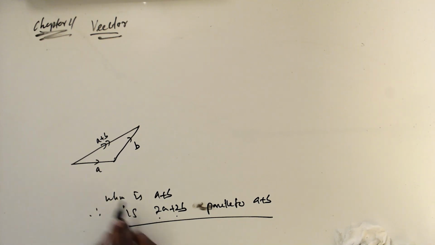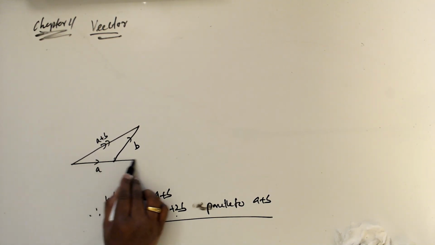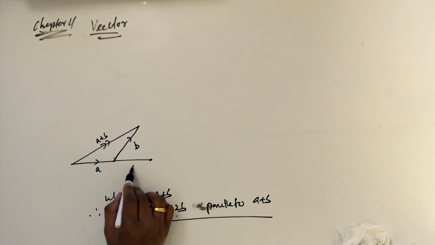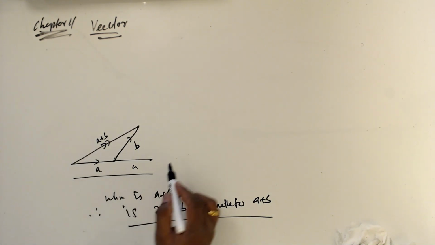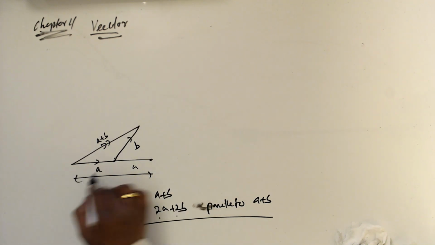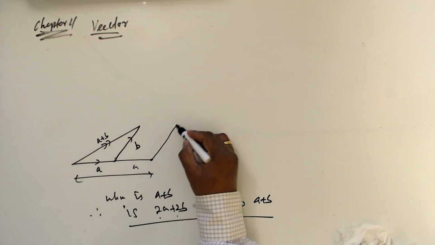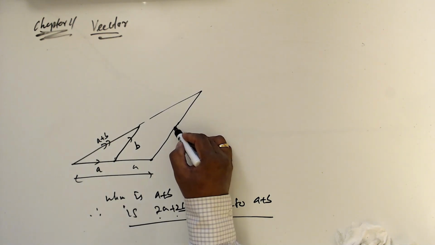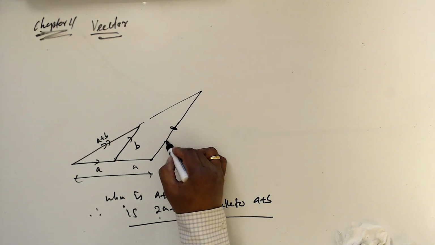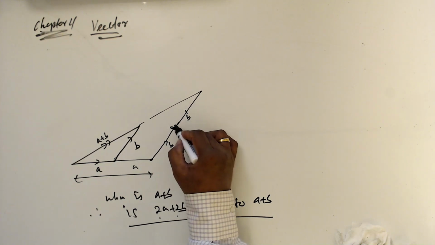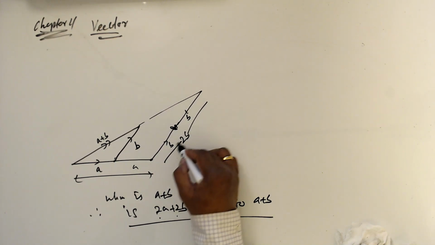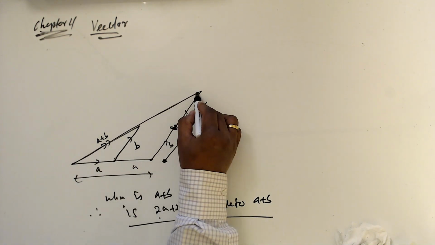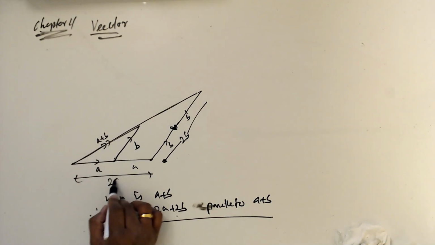So this is A, another A, 2A. This is 2A and 2B. Another B and another B. So this is 2B. So then what is this one? This is 2A, this is 2B.